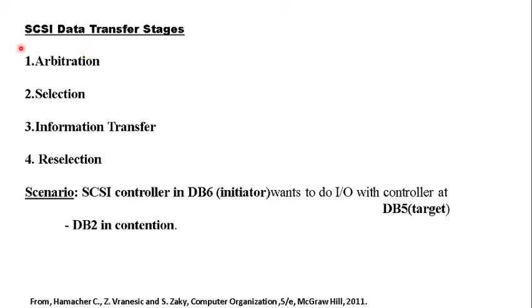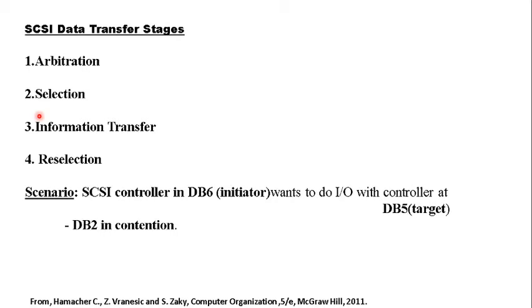First of all, we have the arbitration stage, in which the devices or controllers compete with each other to gain control of the bus. Once a particular device gains control of the bus, it will select the party with which it wishes to communicate. That is done using the selection phase. Once the two parties are ready to communicate over the bus, they will do the information transfer, and as I told you, the information transfer may span multiple sessions.